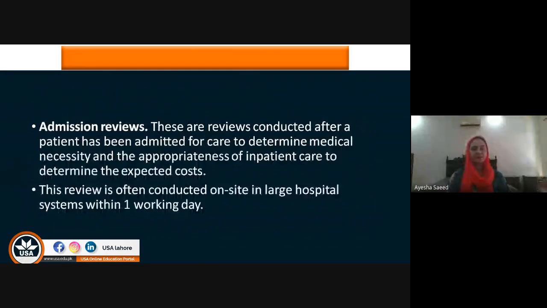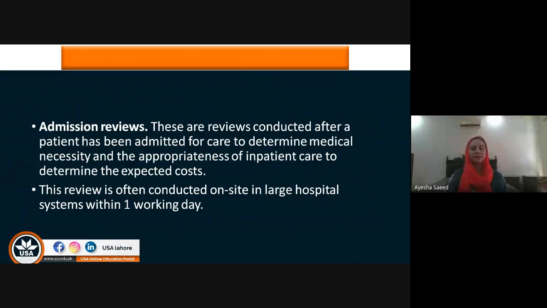Next is the admission review. These reviews are conducted after a patient has been admitted for care to determine medical necessity and the appropriateness of inpatient care, and to determine the expected cost. This is often conducted on site in the large hospitals and within one working day.